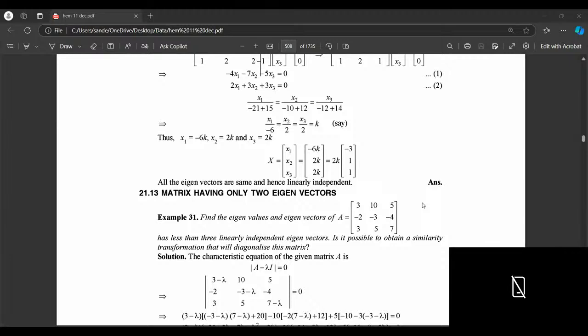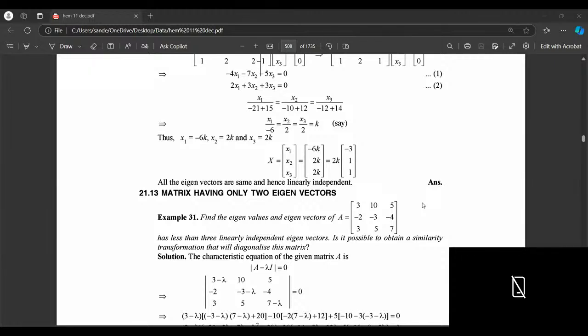After using those 3 different roots lambda in the matrix equation (A minus lambda I) x equal to 0, you may find 2 different equations, maybe 3. Use those 2 different equations with Cramer's rule and find the eigenvectors.